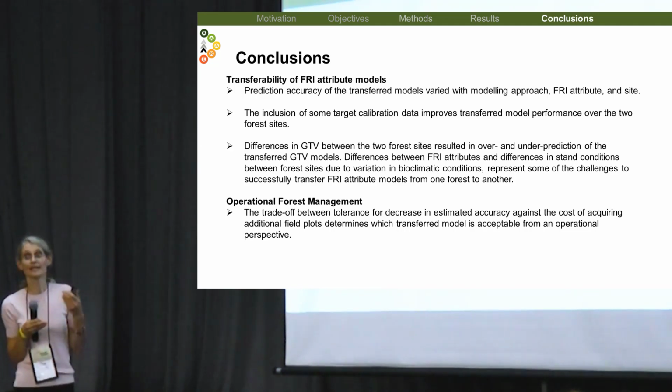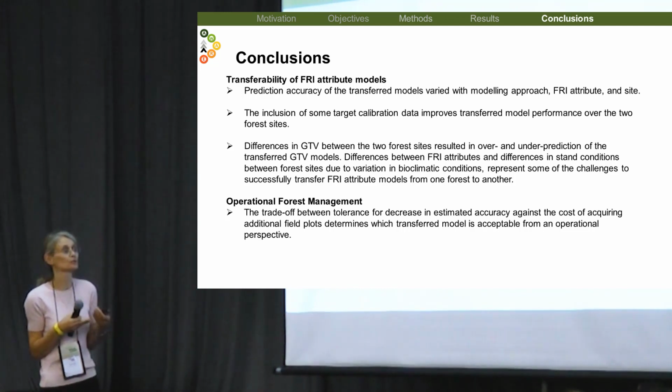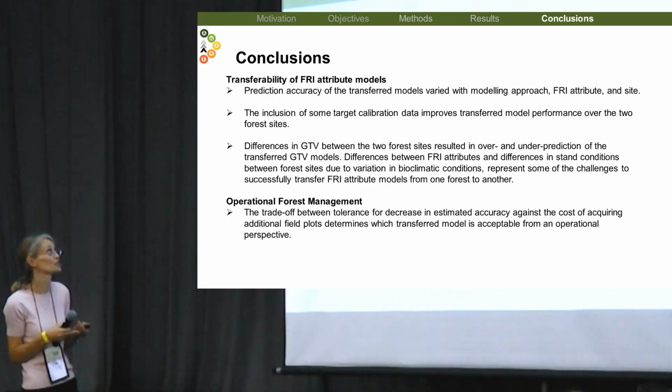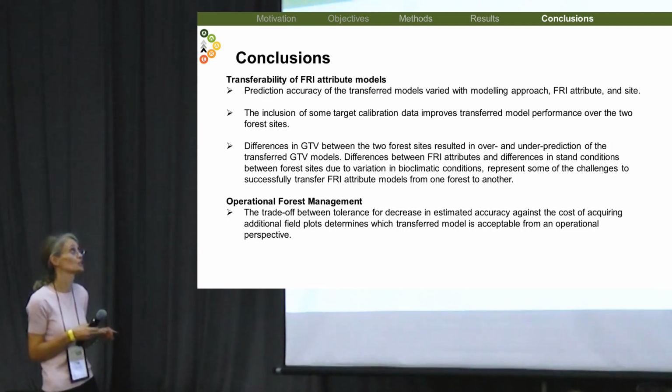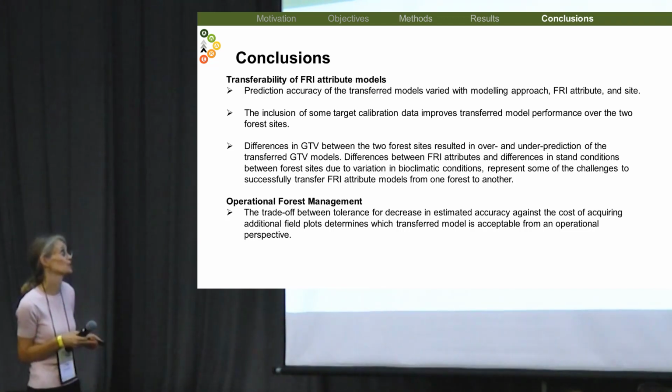And in our case, the total volume data showed us the example that differences between attributes and differences in standing conditions between those forests, due to, in our case, the variation in bioclimatic conditions, represents a challenge when you want to transfer these models.